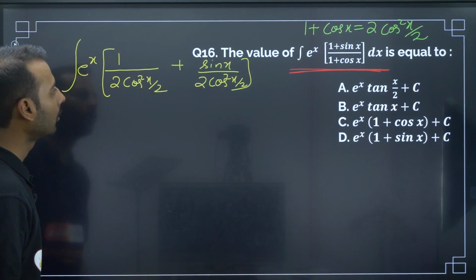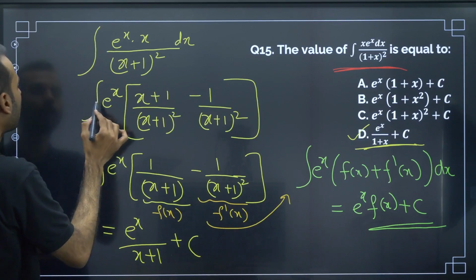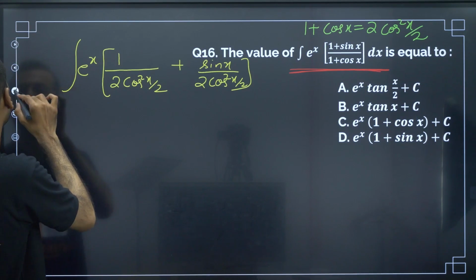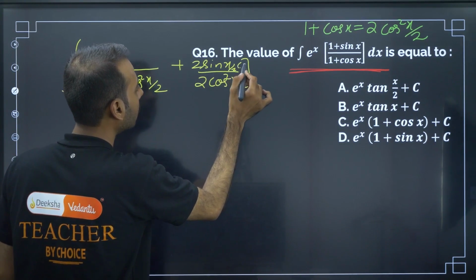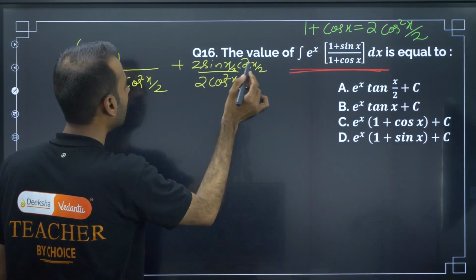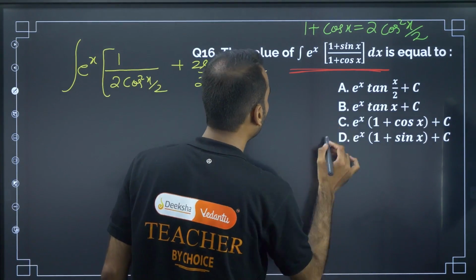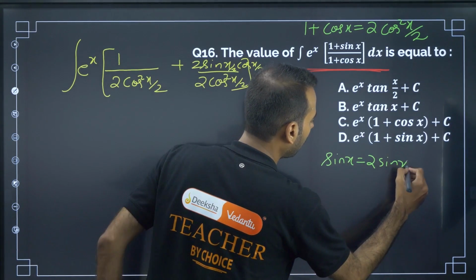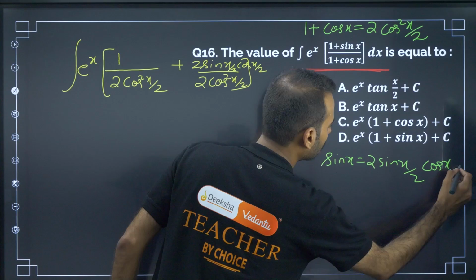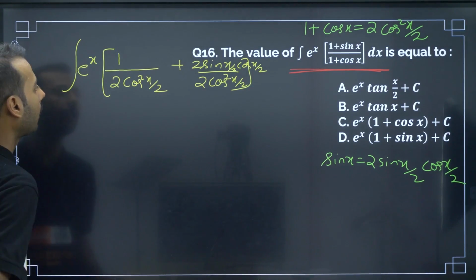For sin x we can write 2 sin x by 2 cos x by 2. For sin x from trigonometry you should be knowing one formula. What is that? Sin x is equal to 2 sin x by 2 cos x by 2. So trigonometry is very important. Trigonometry you should not leave at any cost.